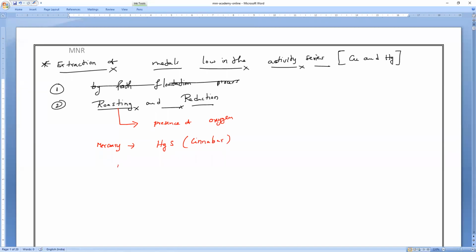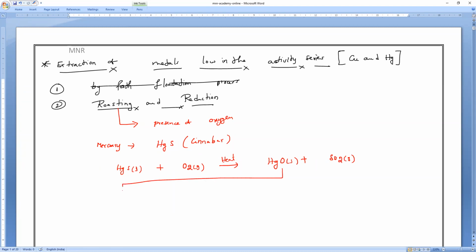So what is the equation? We have done that. Mercuric sulfide, cinnabar, if I start heating in the presence of oxygen, that is roasting. First the sulfide ore converts into oxide: mercuric oxide, plus we get sulfur dioxide gas.